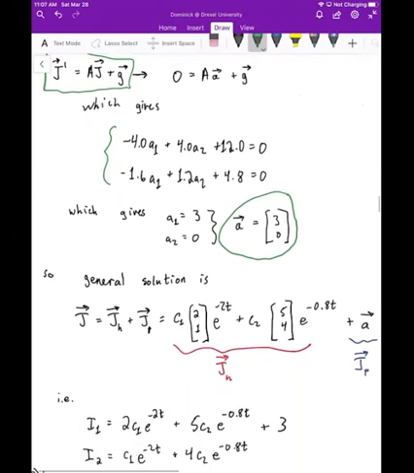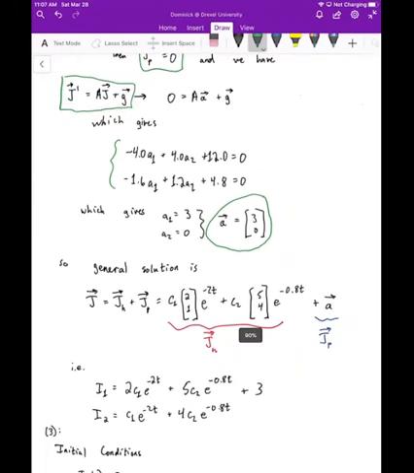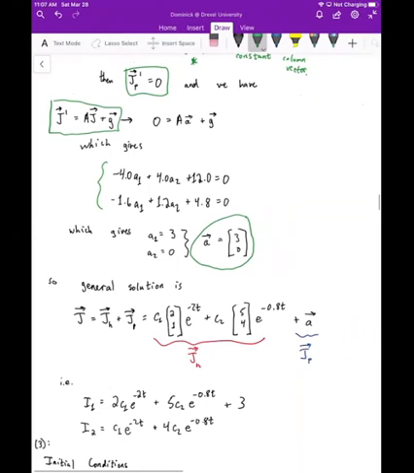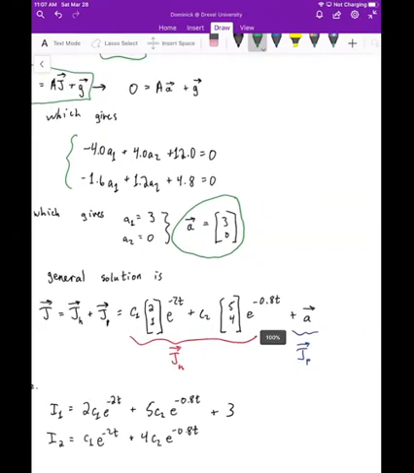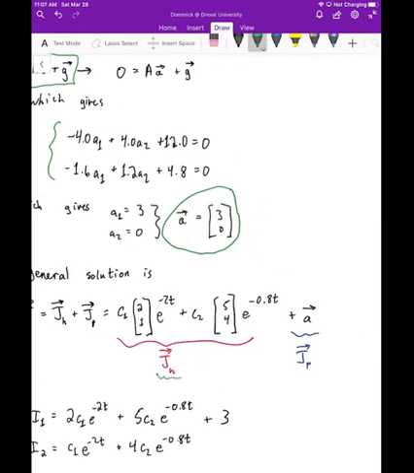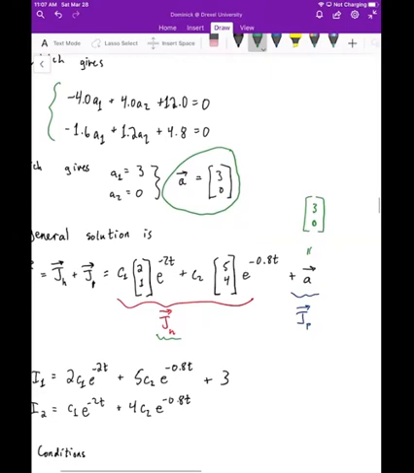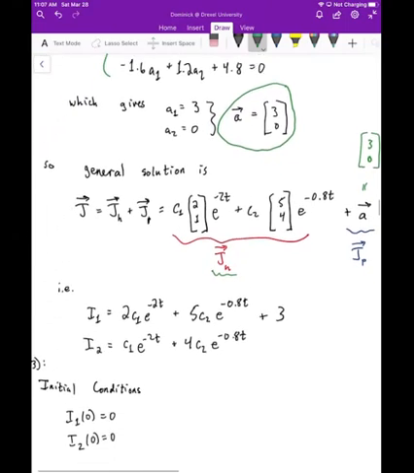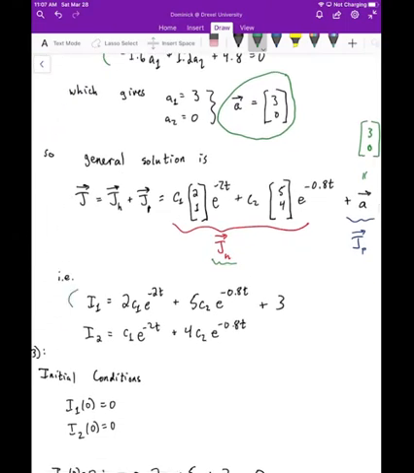All right, so that's going to allow us to get our general solution, which again is going to be made up of your homogeneous version, which we found earlier, this J sub H here, and then our a vector, which we just found, was 3, 0. So now we can write this out in equation form as follows.